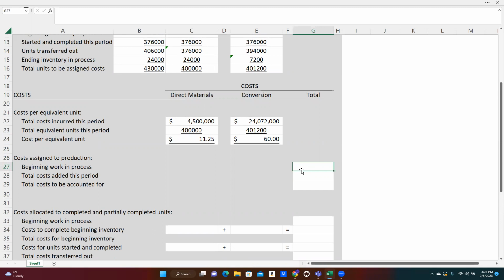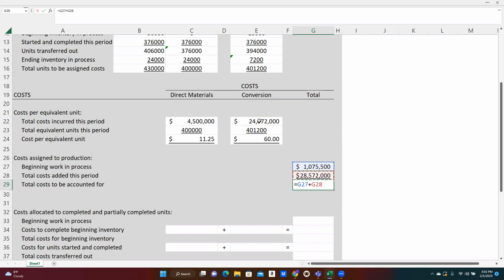Now for the cost summary. Beginning work in process. Looking at that T account, the beginning work in process had $1,075,500. The total costs added this period were for the direct materials. Actually, I don't have to do a separate calculation here. The direct materials from right here and the conversion costs from here, a total of $28,572,000 were added.